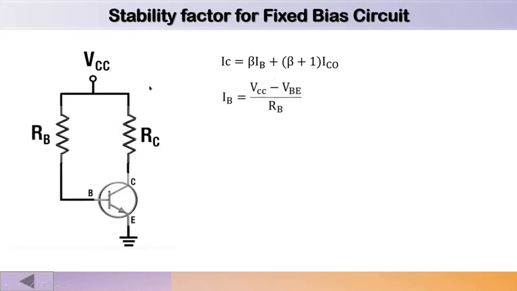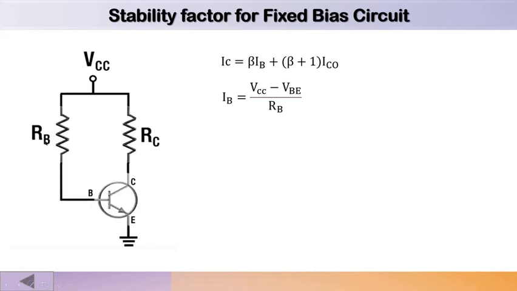And also from the input analysis of the fixed bias circuit, we will be getting IB equal to VCC minus VBE divided by RB. Because on the input side, if you take KVL, we can write VCC minus IB RB minus VBE equal to 0.